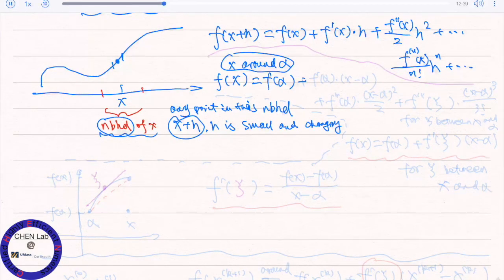Right? So this is f prime alpha times what? What's our new h? Not x anymore, right? Because if it were x, then it would have been x plus h above, but it was not x plus h. It's the step size, the run. What's the run here from alpha to x?